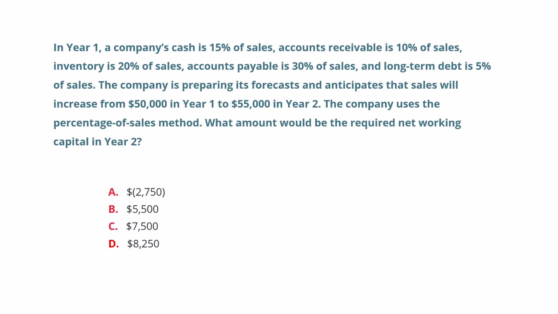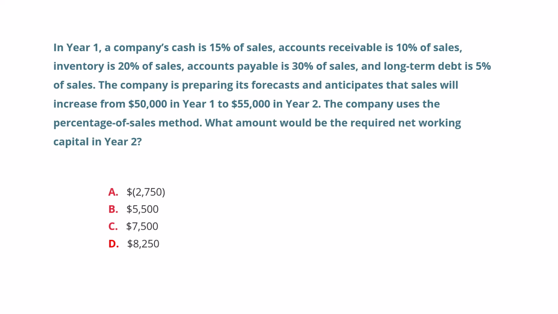Your anticipated sales is 55,000, so you take 15% of 55,000 as cash, and so on. 10% of 55 is your accounts receivable, 20% is your inventory, but 30% is your current liability.